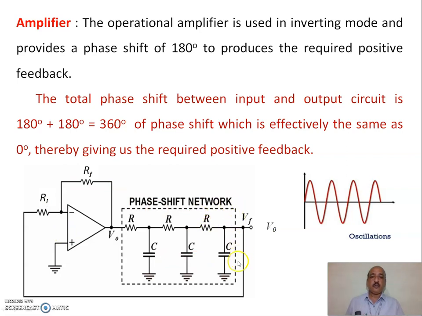This phase shift network produces 180 degrees. The amplifier produces 180 degrees because it is connected to the inverting terminal. So the total phase shift will be equal to 360 degrees, thus producing the oscillations.